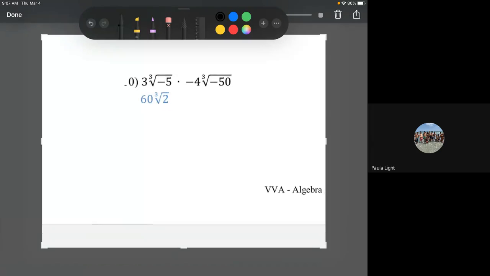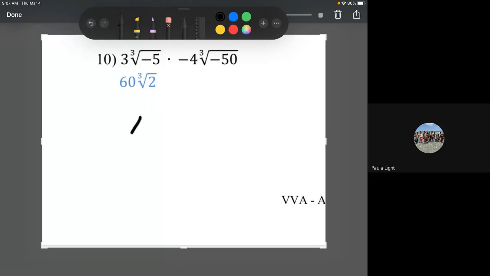The negative 5 can be broken down as negative 1 times 5. And negative 1 is a perfect cube. It's negative 1 times negative 1 times negative 1. So the negative 1's actually going to come out and get multiplied to that 3 that's sitting out there. So it becomes 3 times negative 1, which is negative 3.